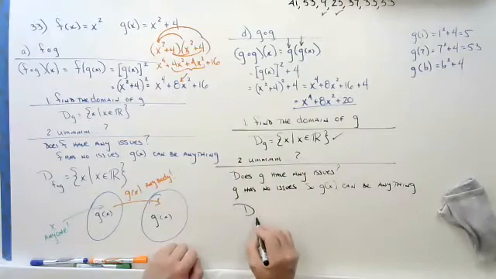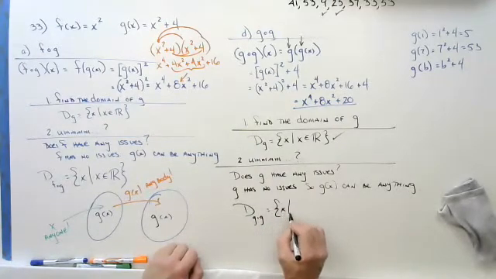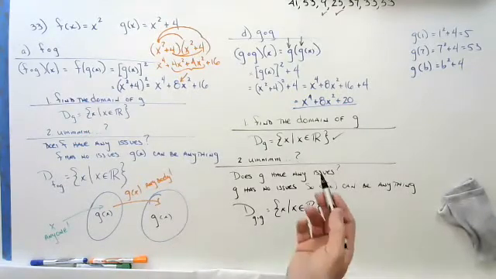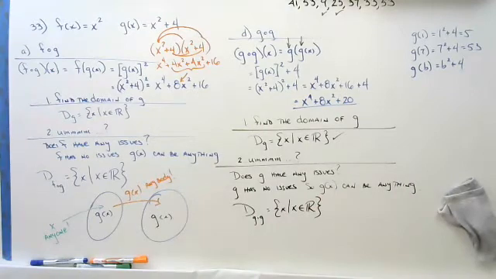So our domain then is going to be the reals. Now, that's not always going to be the case. We're going to do a problem here in a second where it's probably not the case. Problem 37 probably doesn't work out like that. But problem 33 did. Okay.